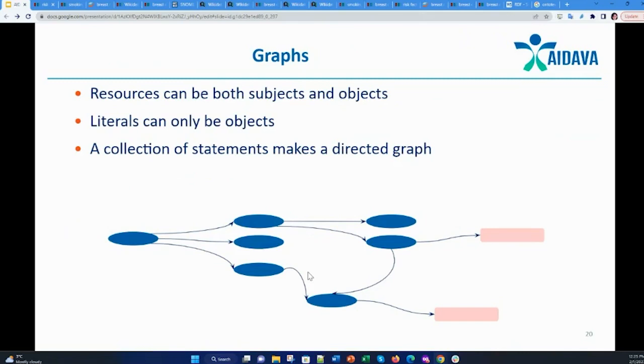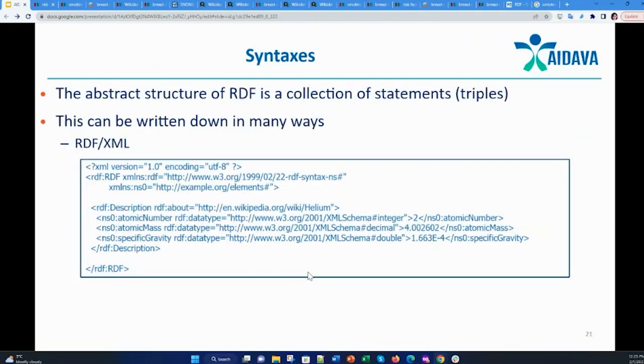The literals are human readable, but because we have a lot of freedom to present the information there, they actually don't provide much to the connectivity in our graph.